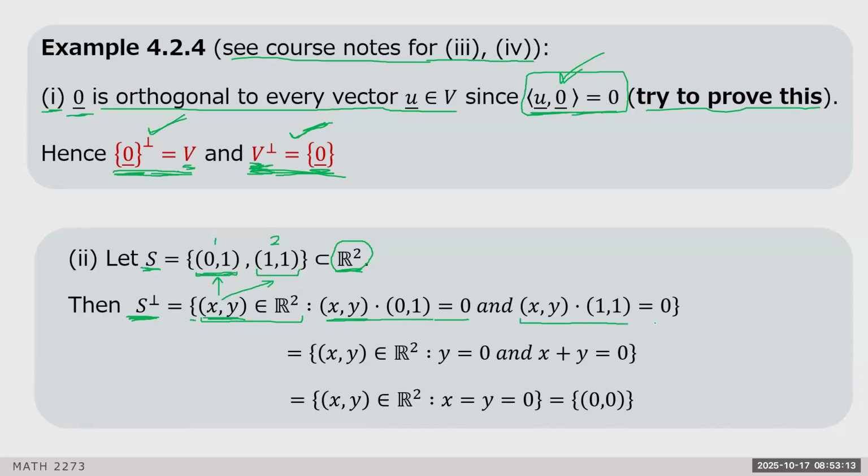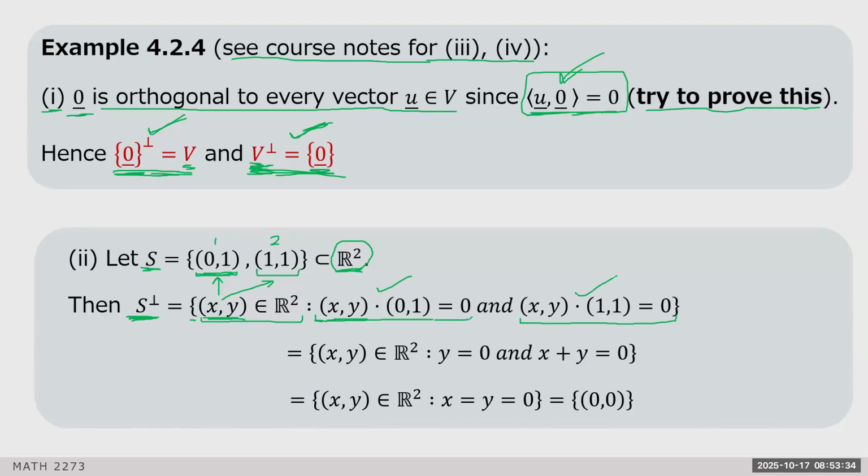The dot product between (x,y) and (1,1) is equal to 0. So this is the condition. We are searching for all vectors (x,y) in R squared that satisfy these two conditions. Why two conditions?